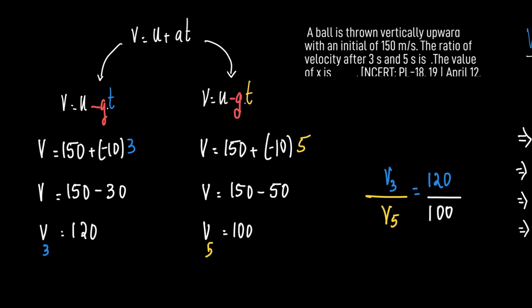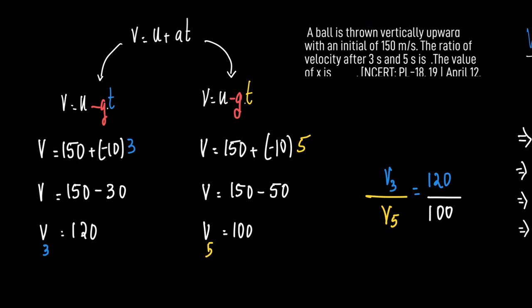So u is 150, t is 3, g is 10, times 3 is 30, 150 minus 30 is 120. So we have v at 3 seconds equal to 120. V at 5 is 150 minus 10 times 5, which is 50, 150 minus 50 is 100, and therefore v5 is equal to 100.